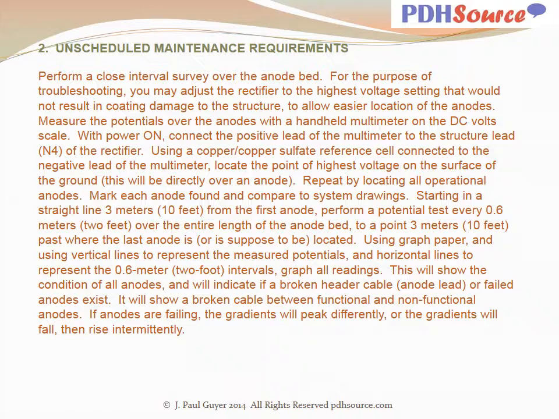This will show the condition of all anodes and will indicate if a broken header cable, anode lead, or failed anodes exist. It will show a broken cable between functional and non-functional anodes. If anodes are failing, the gradients will peak differently, or the gradients will fall, then rise intermittently.